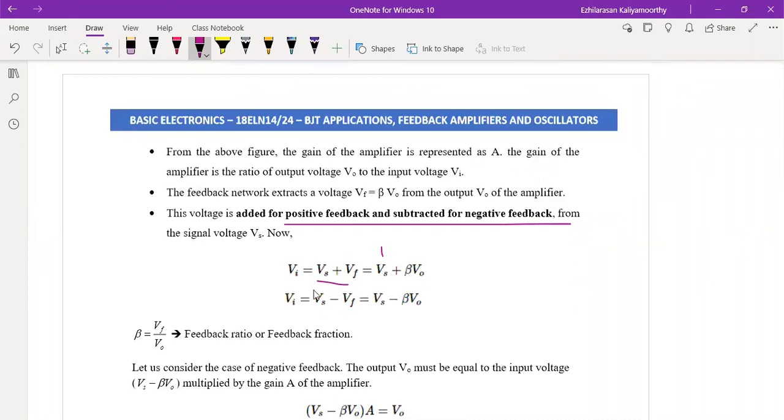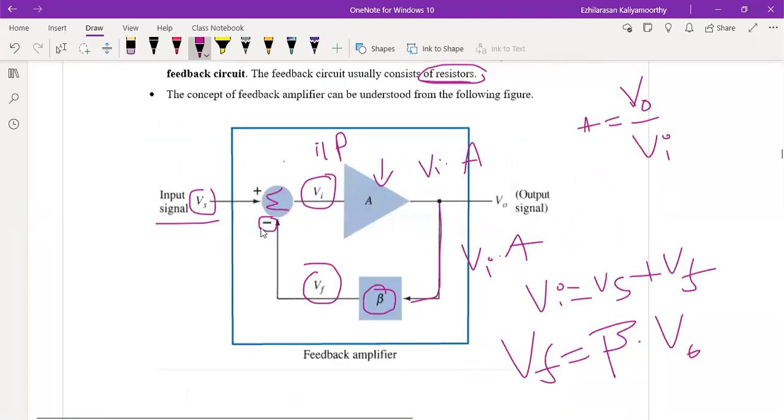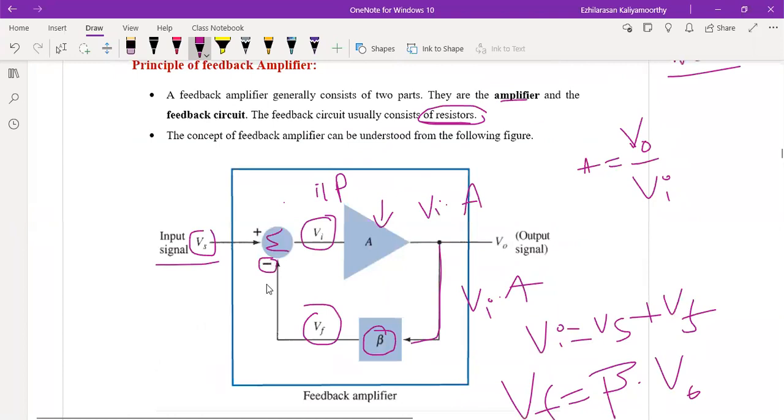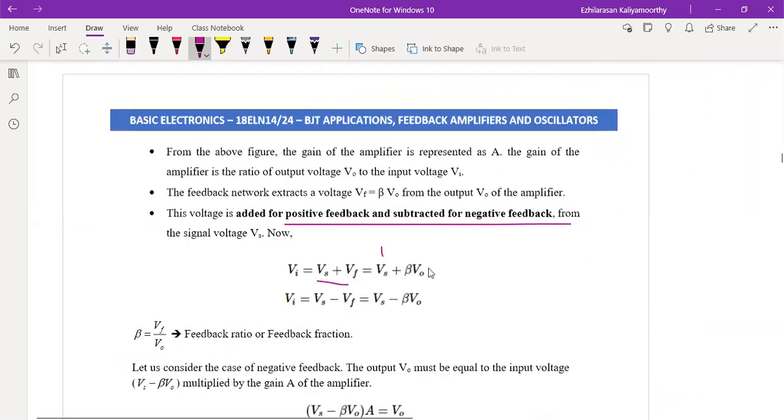If it is negative, Vi is equal to Vs minus Vf, which is Vs minus beta into V naught. If the connection is plus, then Vi is equal to Vs plus Vf. If it is minus, then Vi is equal to Vs minus Vf. Those are the two conditions, one for positive feedback and the other for negative feedback.